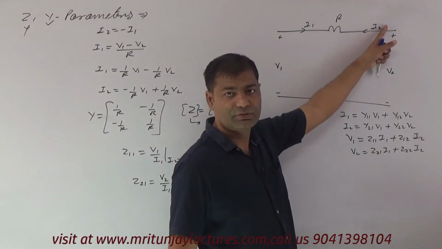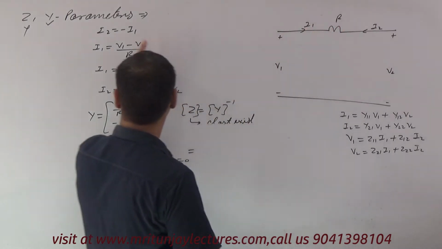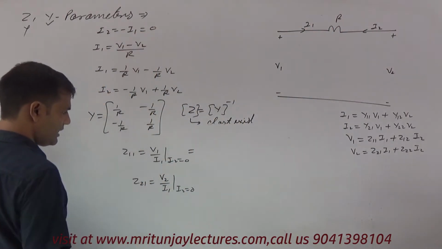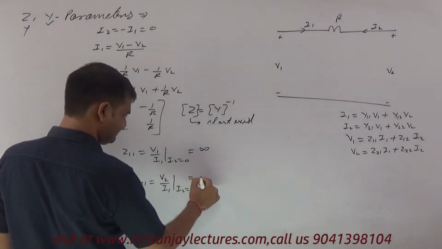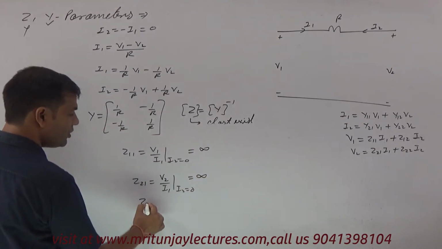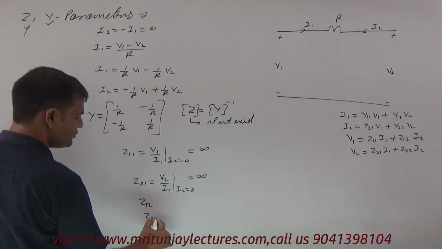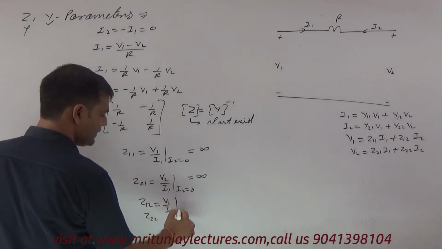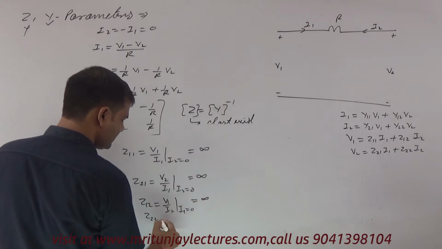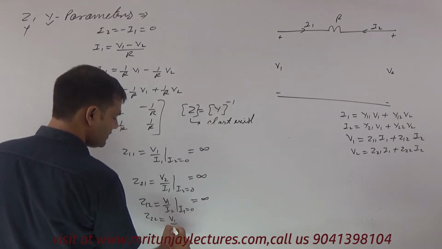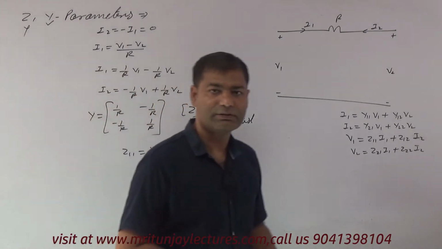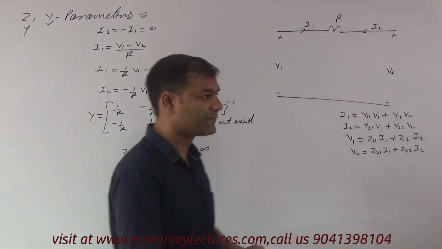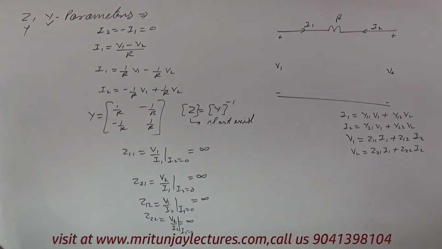If I2 is 0, then here I1 is also 0, so V1 by 0 is infinity. Same thing for Z12 and Z22: V1 by I2 at I1 equal to 0 gives infinity, and V2 by I2 at I1 equal to 0 is infinity. Same thing. Clear or not? So it is clear why the Z parameter does not exist.